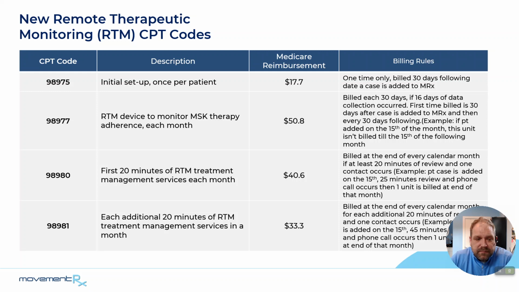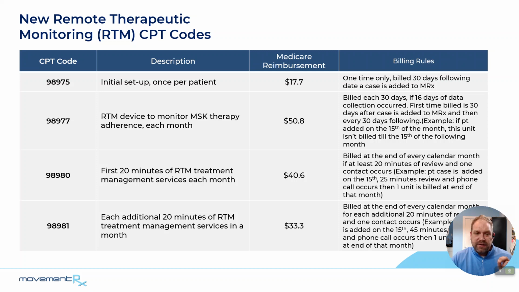The third and fourth codes, the third and fourth rows, are the actual monitoring time. These are 20-minute timed codes. You have to get at least 20 minutes to populate the first code. This is billed at the end of every month if at least 20 minutes has occurred and there's been one two-way audio communication.